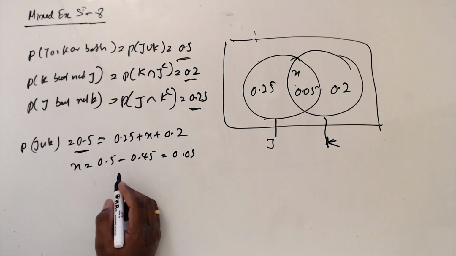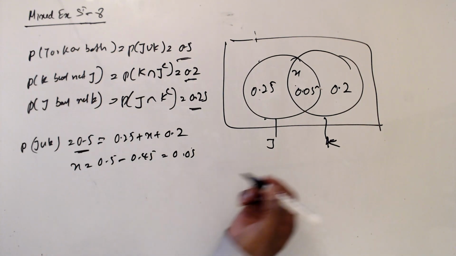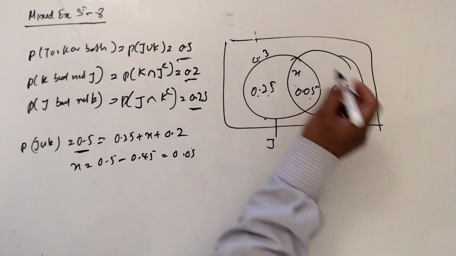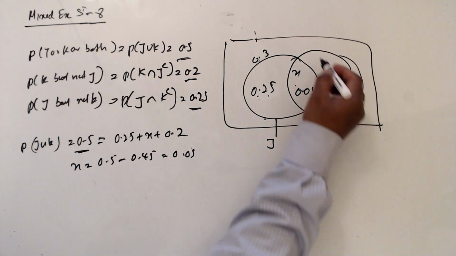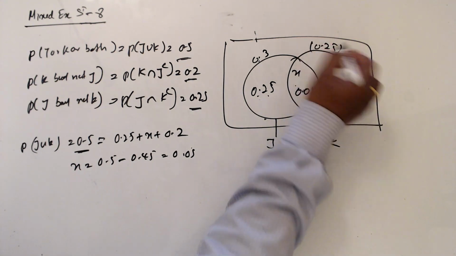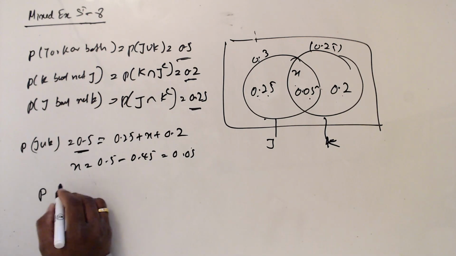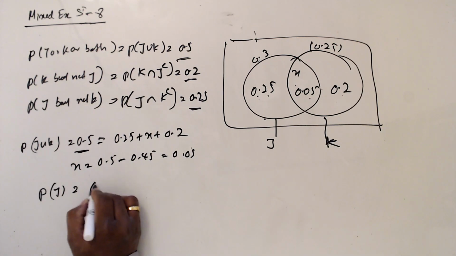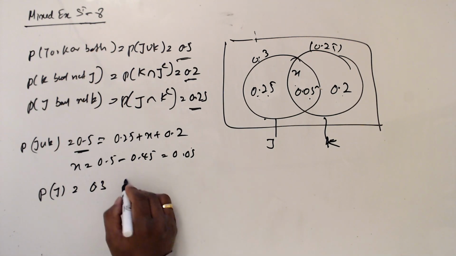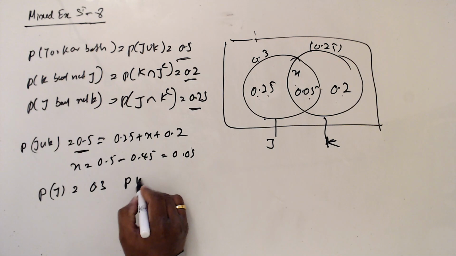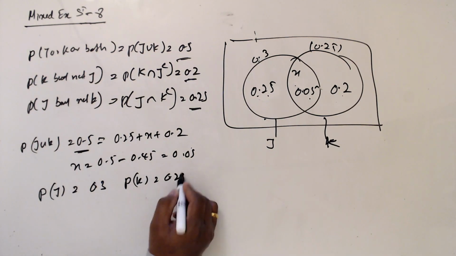Now determine whether J and K are independent. Now 0.25 plus this is 0.3, and this is 0.25 total. So probability of J is 0.3. Probability of K is 0.25.